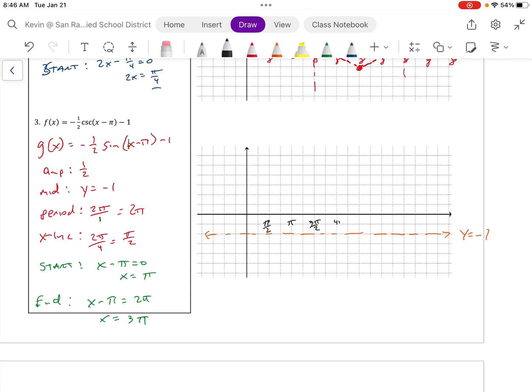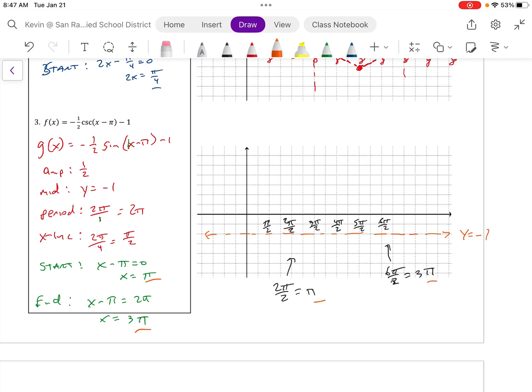Oops. Yeah, 3 pi over 2, 4 pi over 2, 5 pi over 2, 6 pi over 2, which equals 3 pi. So that's our endpoint. This was 2 pi over 2, which is pi. That's our starting point. And those are our start and stop points.